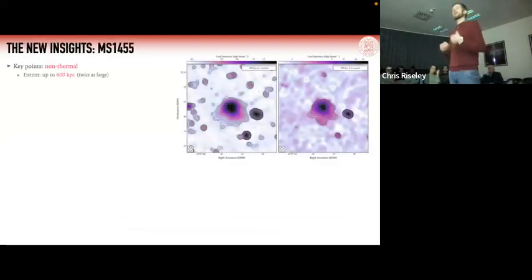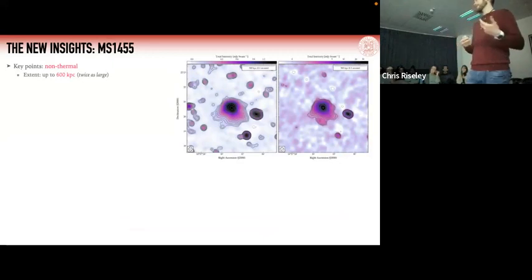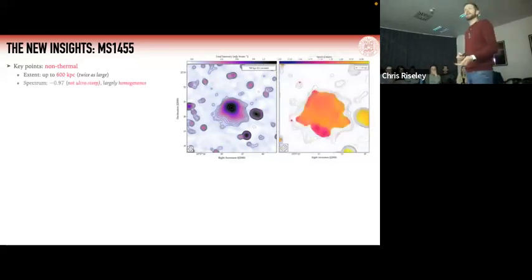So the new insights from MS 1455, which we published last year, our new data shows us that this mini halo is roughly twice the size as it was previously theorized to be, up to 600 kiloparsecs, which is much larger than the canonical size of mini halos.